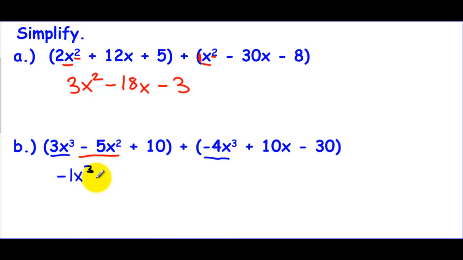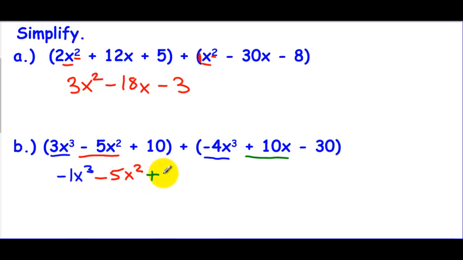So in this case, whenever that happens, we're just going to bring down the term and attach it on just like we see it. Negative 5x squared in this case did not have a like term, so it just gets attached on. The next one, if I'm going cubed and then squared, would be x to the first, and I don't have any of that in the first polynomial, but I do have one right here in the second polynomial. So again, it doesn't have a like term to change it.